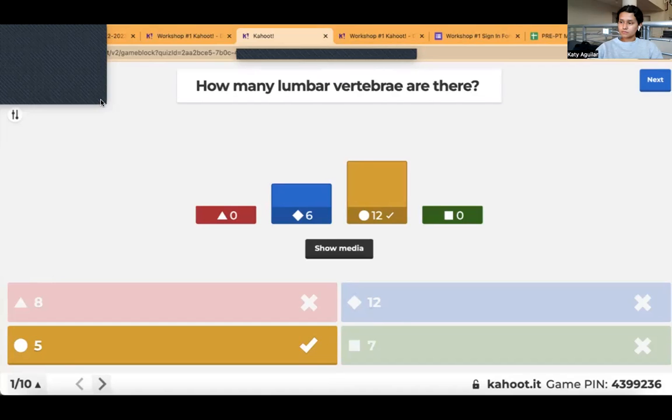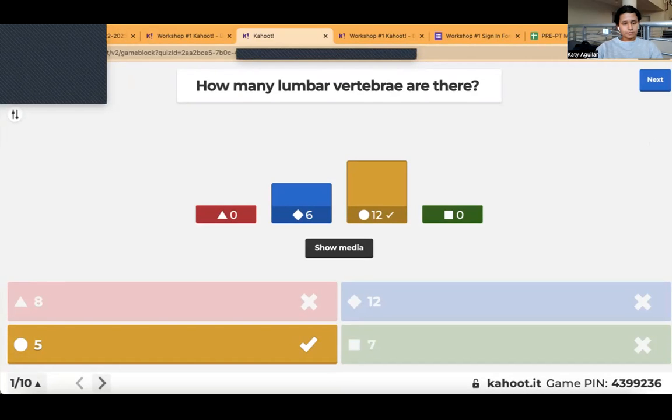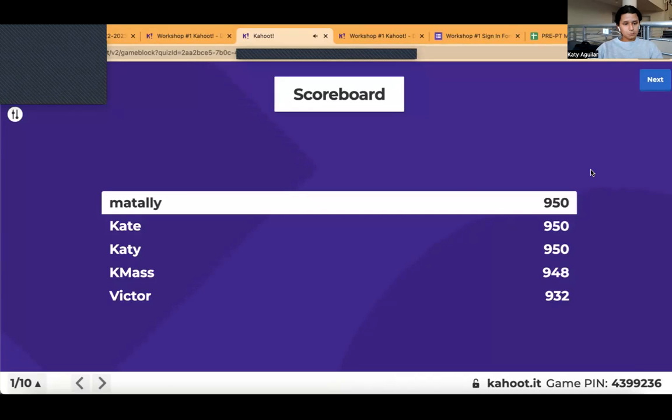So that's going to be at the bottom towards your spine. And if we think about our food clock going down the spine, breakfast is at the beginning, lunch is in the middle, dinner is at the bottom. So you're going to have dinner at 5 p.m. So there are actually 5 lumbar vertebrae, just for those people who chose 12, just in case you get mixed up next time.